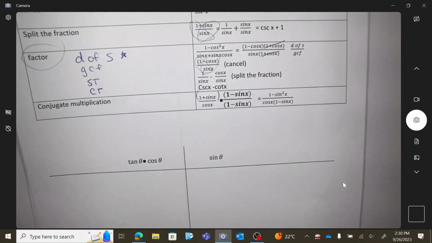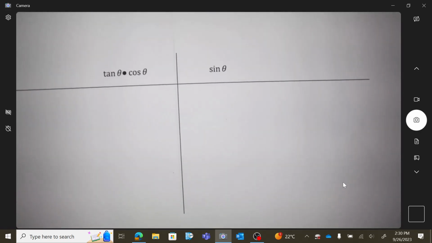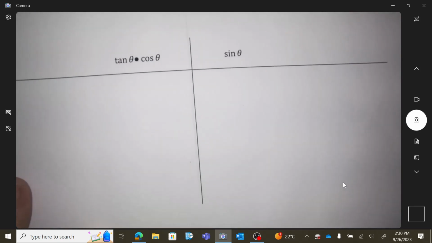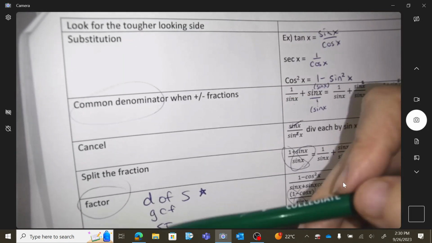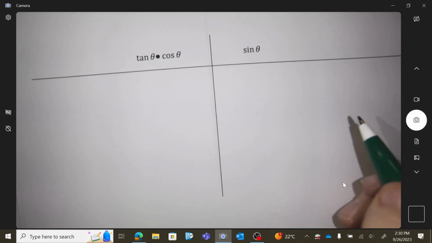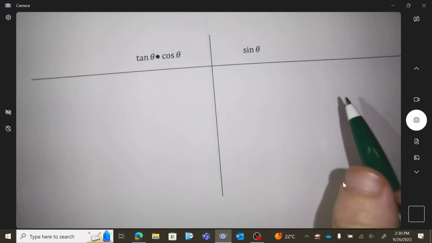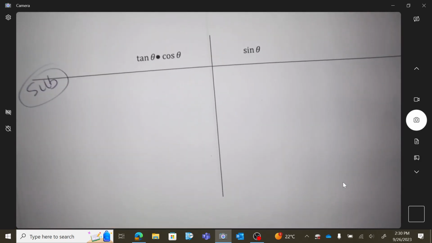Okay, so what we're going to do is start easy and work our way to harder. This is a super easy one. Okay, here we go. Which of these strategies do you want to attempt? I'm going to pick substitution. That's my strategy.